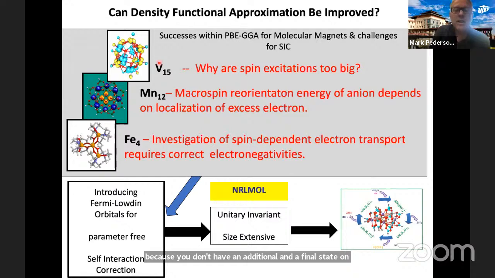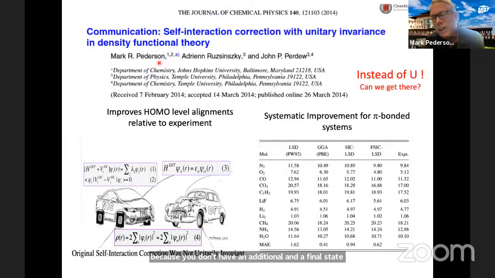self-interaction error. And so the other area that we're working on in our group is trying to put in this new self-interaction correction, which we refer to as Fermi-Löwdin orbital self-interaction correction.